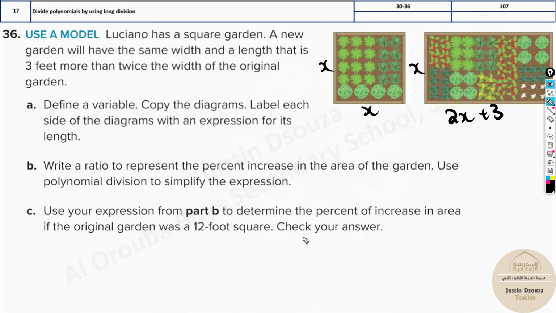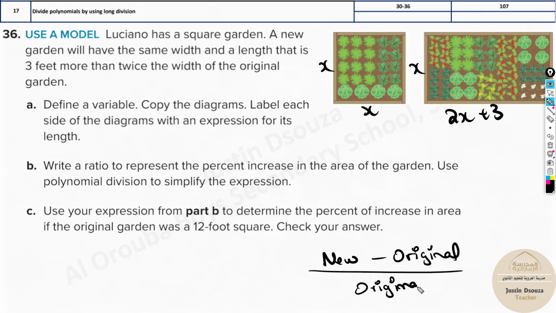So percent increase is basically the new value minus the original value, divided by the original, always division by original. Okay, this is the percent increase because we're finding the increase, right? How much is the increase, multiplied by 100 to get the percentage. This is the formula. Write a ratio to represent the percent increase of the garden. Use polynomial division.